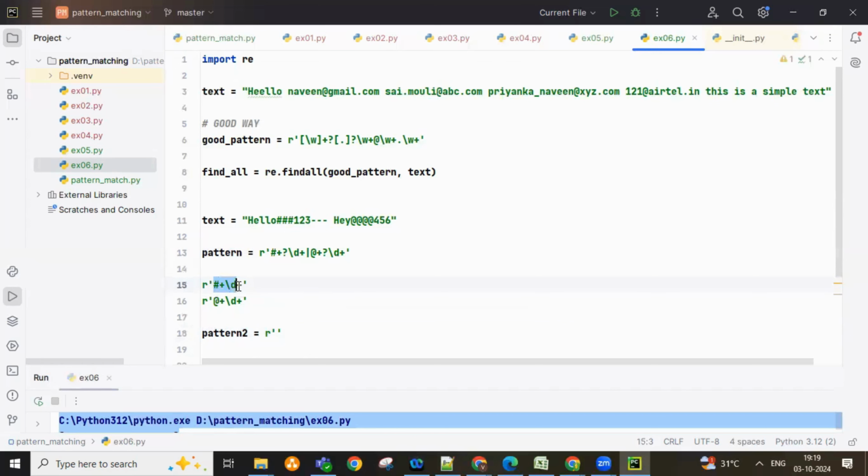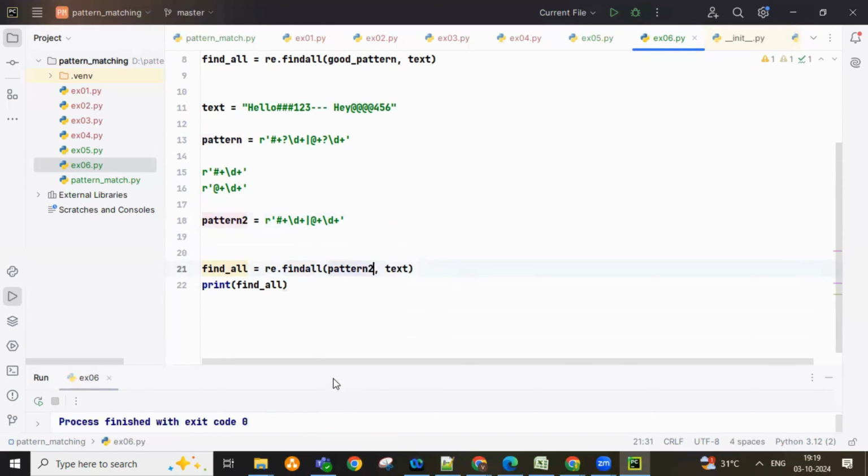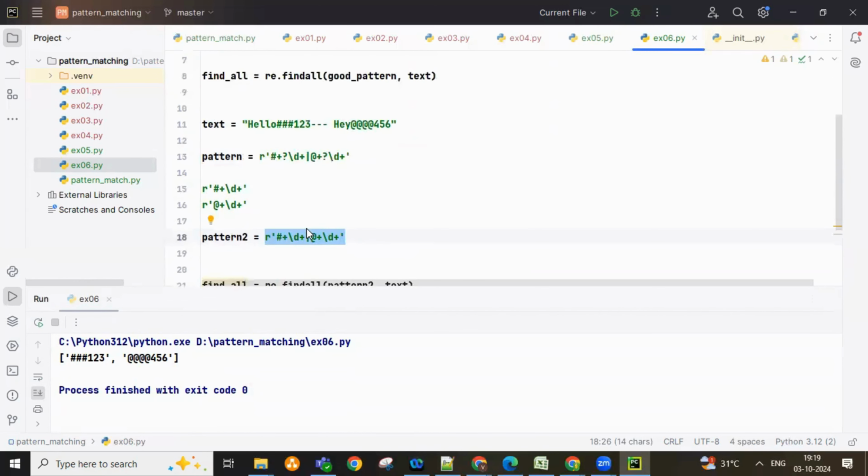It can be this pattern or this can be the second pattern. Yes, clear? Let's try to use pattern 2. Let's try to understand this. Still you got the output. Did you understand, guys? This is easier, right? I feel. Right, Naveen? We can simplify like this.